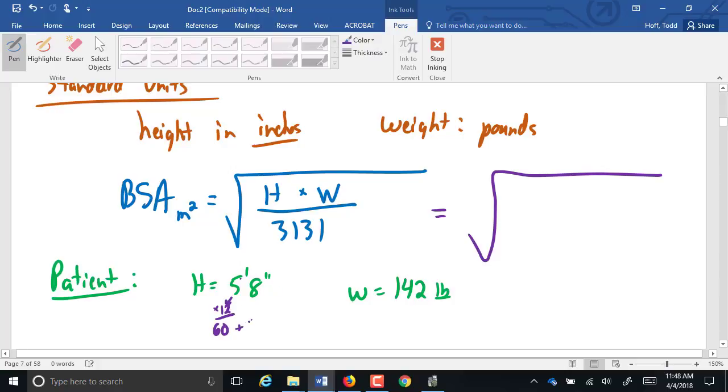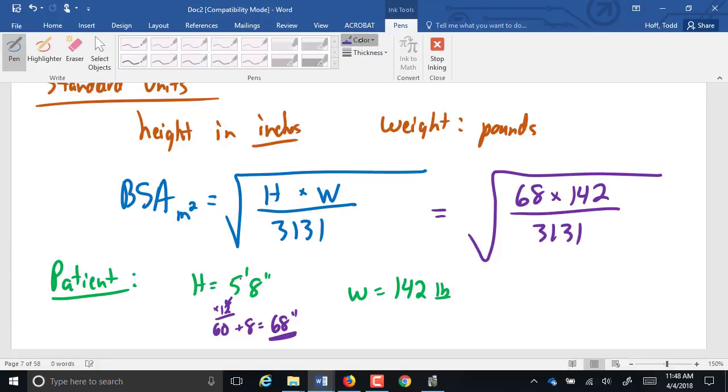So 5 feet is 60 inches, plus the other 8 inches is 68 total inches. So a total height of 68 inches. So into our formula, it's 68 times 142 divided by 3,131.